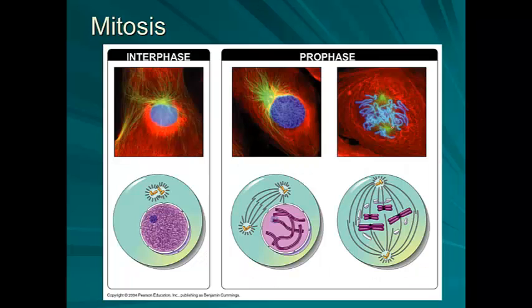Alrighty, so let's look at the steps in mitosis. This first step here is the interphase. This is where the cell is getting prepared to undergo mitosis. At this point, all of the DNA is sort of loose in the cell, and it's beginning to condense into chromosome structures. It's wrapping itself around those histones, getting ready to become those visible hot dog things.